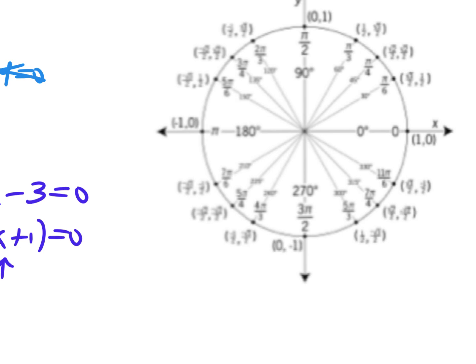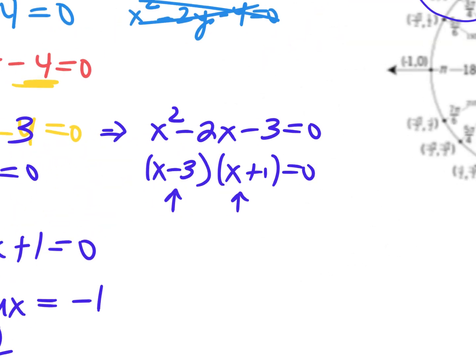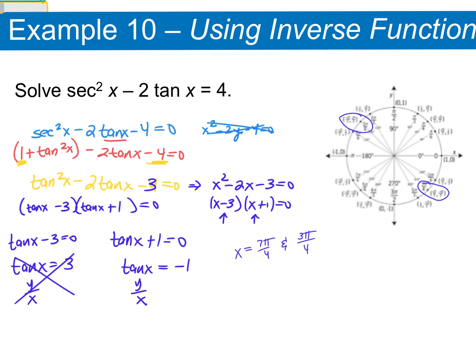So say it again. 7 pi over 4. Where is that? Yep, 7 pi over 4. And where else? 3 pi over 4. Perfect. So you have x equals 7 pi over 4 and 3 pi over 4. That's it.